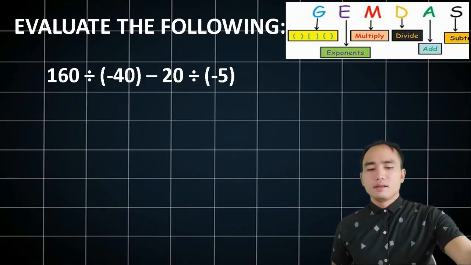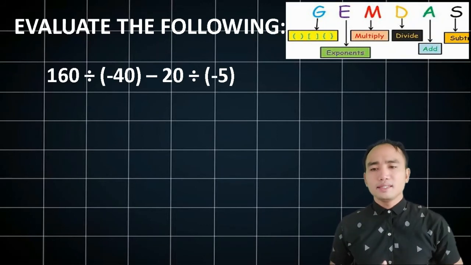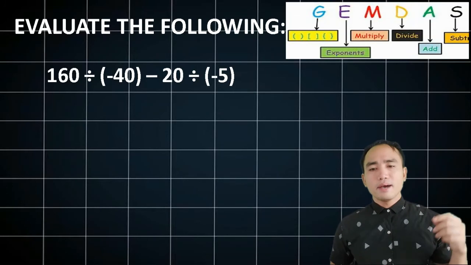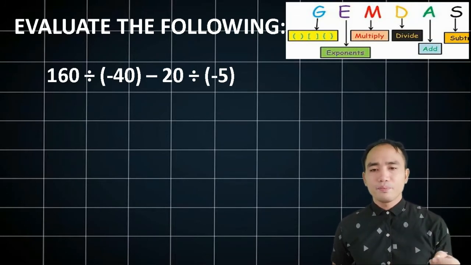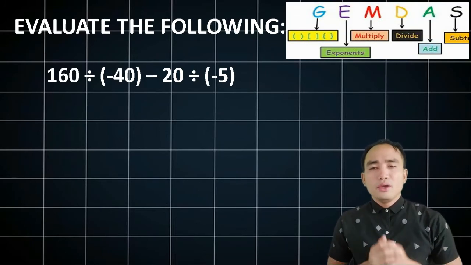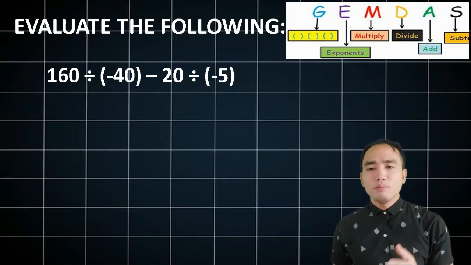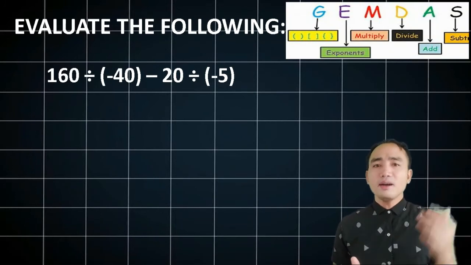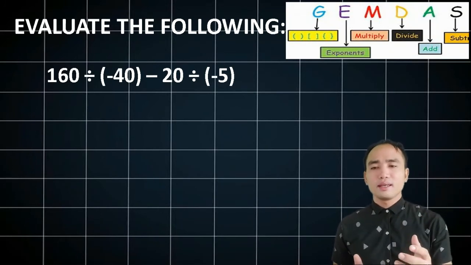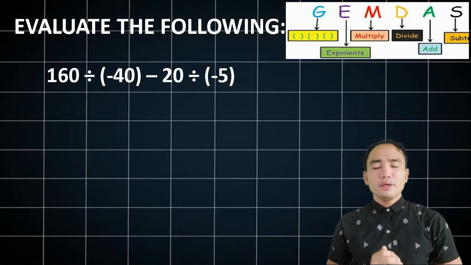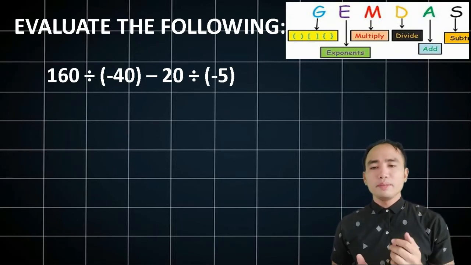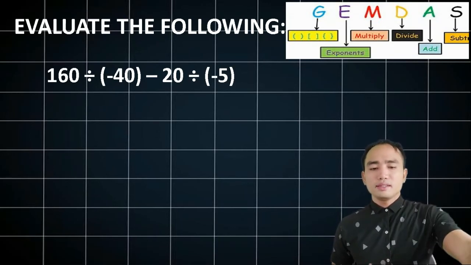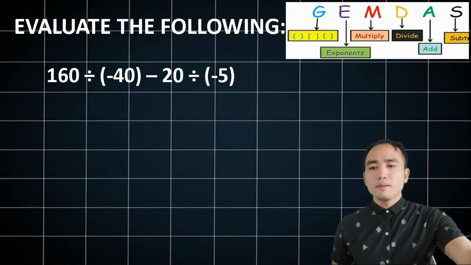Alright, so example, 160 divided by negative 40 minus 20 divided by negative 5. So, yung iba kapag nakakita ng ganitong problem is medyo nawawala na sila ng courage to continue solving. But with the use of GEMDAS rule, it will be easy for you to solve this expression. So let us start.